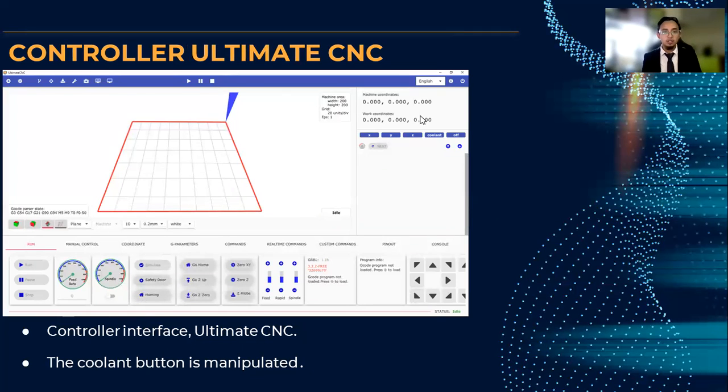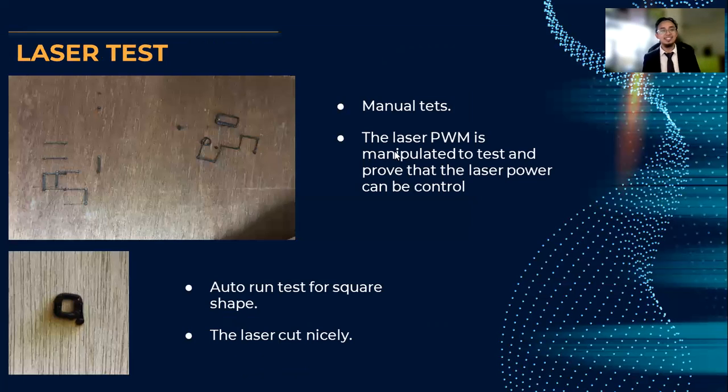Okay, so this is the coolant button. Here we have the manual controller, which also has a coolant button. We can push the coolant button, and with the coolant button we manipulate the regulator, the switch, the relay, I'm sorry.